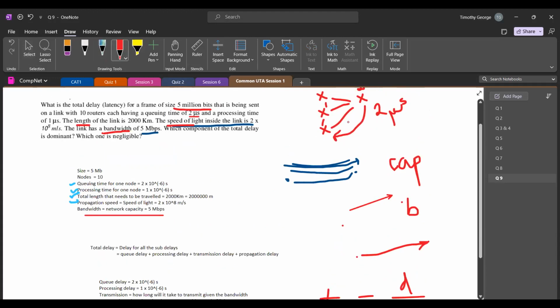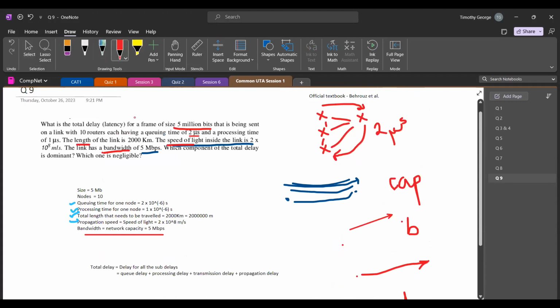Yeah. So we are given that also. Length of the link, 2000 kilometers. That means you have this point and this point, the total length.